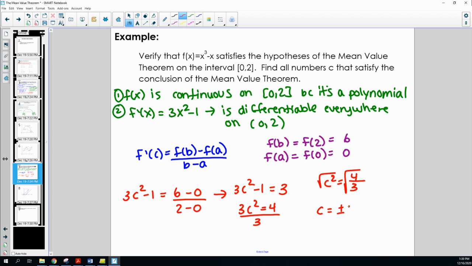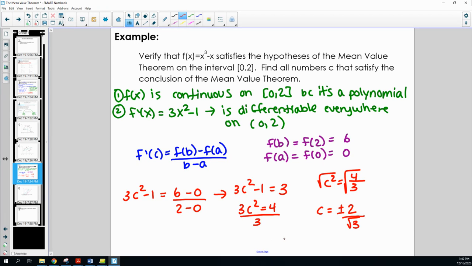So the square root of 4 is going to be 2, and then the square root of 3, I'm just going to keep it as square root of 3. We could rationalize this, but we don't really need to. So we get plus or minus. Now, we have to make sure that we check the interval, right? It has to be within the open interval from 0 to 2. So negative 2 over square root of 3 won't fit in our interval, so we can't include the negative version.